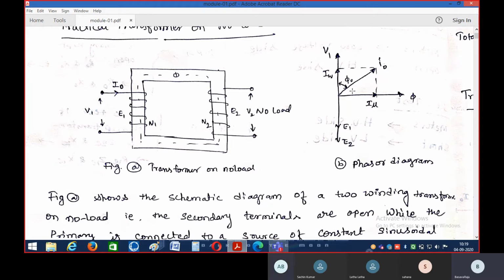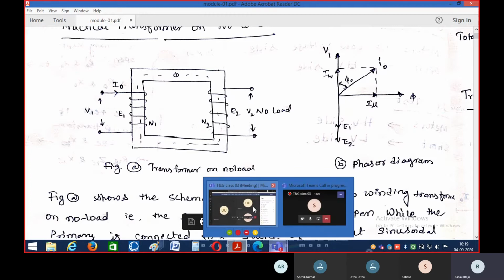This I0 is nothing but the vector addition of IW and I mu. So the no load current which the primary winding carries is equivalent to the vector sum of I mu and IW. If you have any doubt you can ask me.